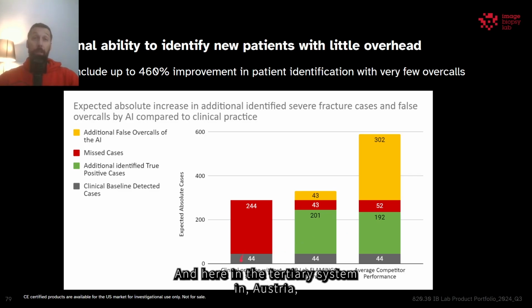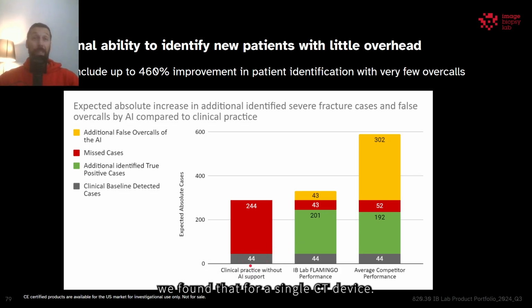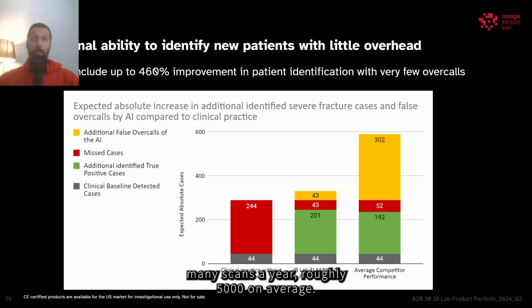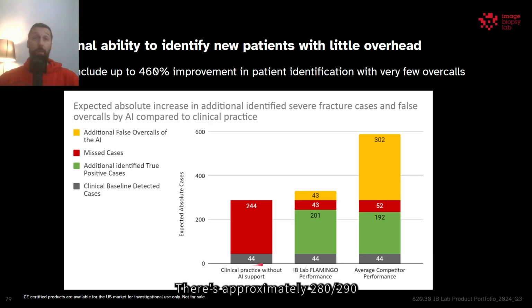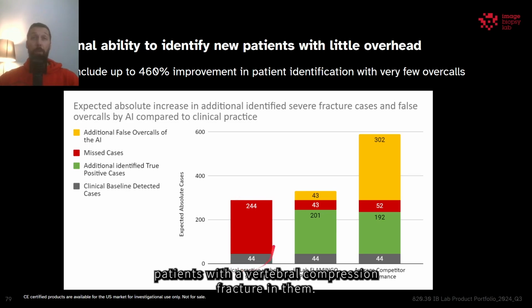And here in a tertiary system in Austria, we found that for a single CT device processing many scans a year, roughly 5,000 on average, there's approximately 280, 290 patients with a vertebral compression fracture in them on average, based on the prevalence.